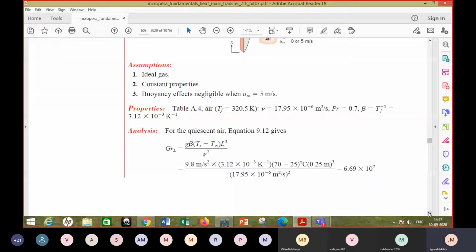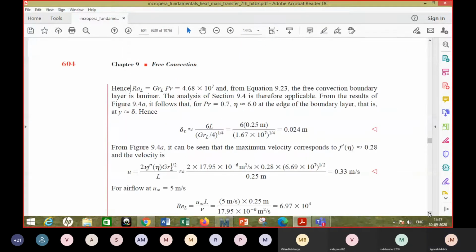Okay. So properties are taken from the table at the mean film temperature, then the Grashof number is found. And Rayleigh number is found, and the thickness of the boundary layer for laminar flow. Here you can see Rayleigh number is less than 10 raised to 9, so it's laminar flow.